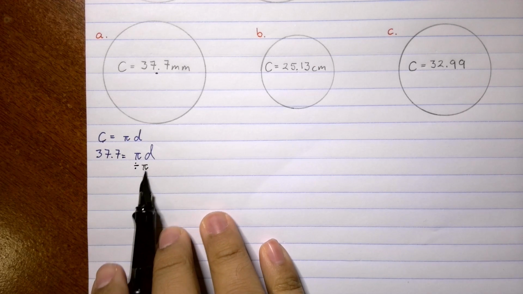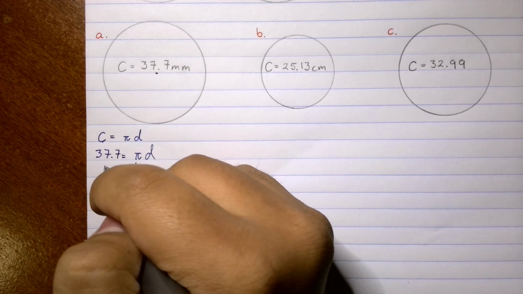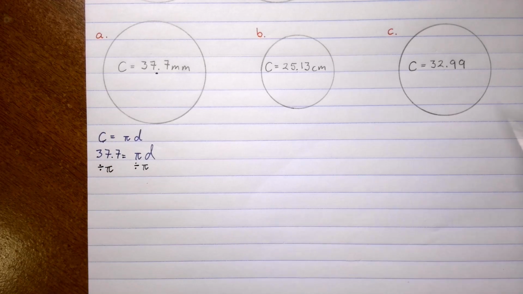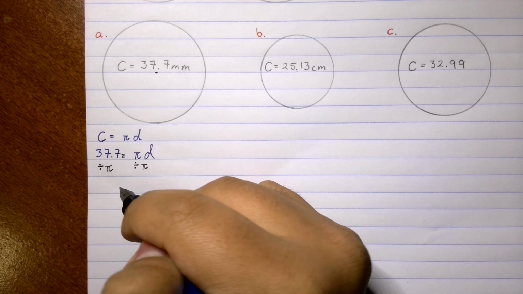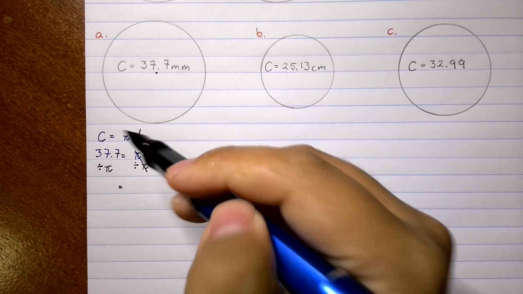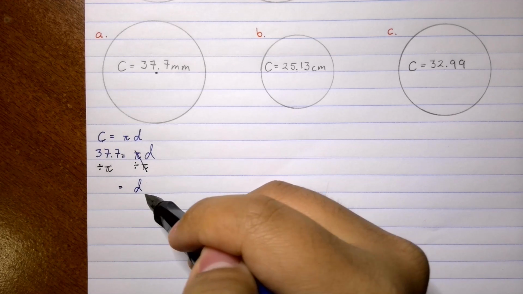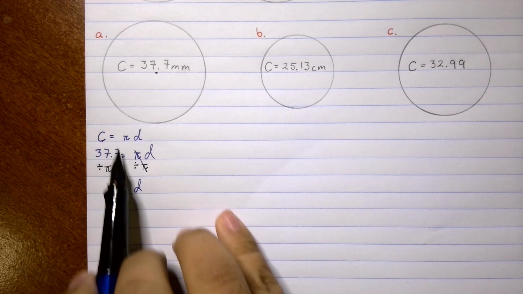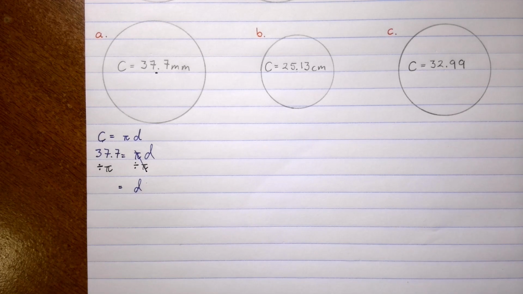Since we divide by pi on this side, we're going to be dividing by pi on this side as well. So what ends up happening is these cancel out, and the value of d remains, which is what we want. And now we just need to input this value into our calculator.